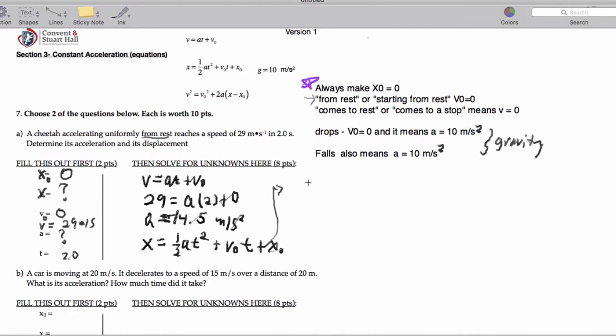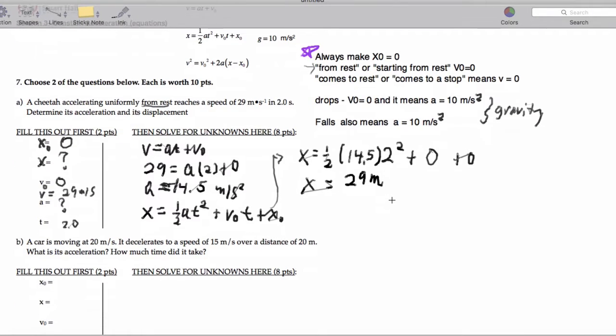So x equals 1/2 times 14.5 times the time squared plus 0 plus 0. And so our final position is going to be 14.5 divided by 2 times 4, which gives me 29 meters.